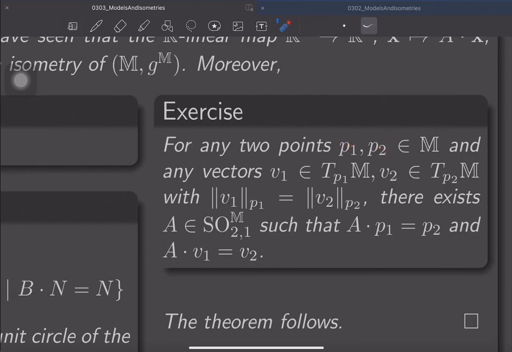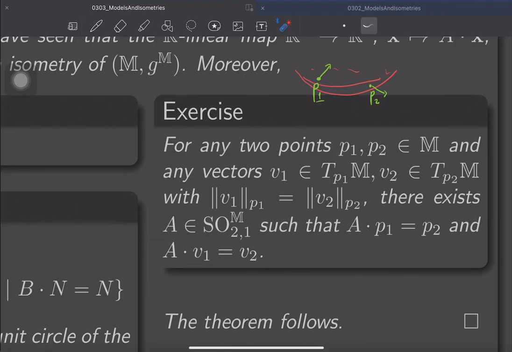So if you want, let me draw quickly. I have the hyperboloid, and I have my 2 points, let's say P1 and P2, and I have a tangent vector here and a tangent vector here. Those are V1 and V2, such that the norm of this one is equal to the norm of this one.